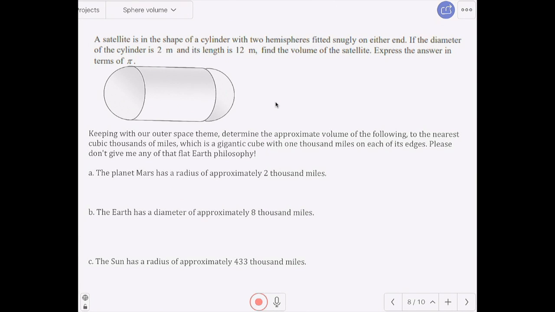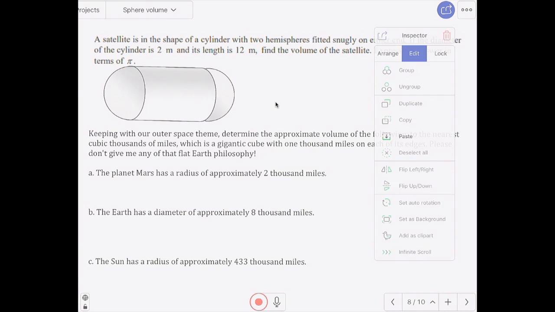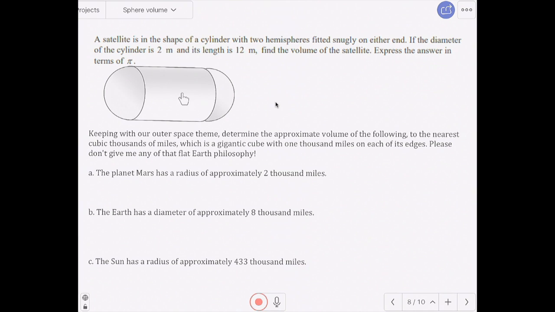All right, jumping to the example with the satellite. This is the picture that they were actually asking you to think about. A cylinder with two hemispheres on either side. So maybe you could have been a little chicken with trying to do this out on your own first. And let me give you a suggestion.